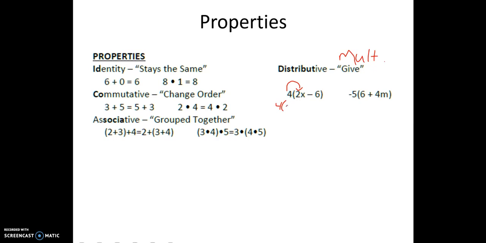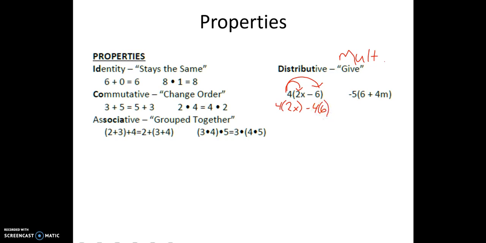Sorry. 4 times the 2x. And then it's saying that you're doing 4 times the negative 6. So we know that's going to be a negative. We can do minus 4 and then times 6.